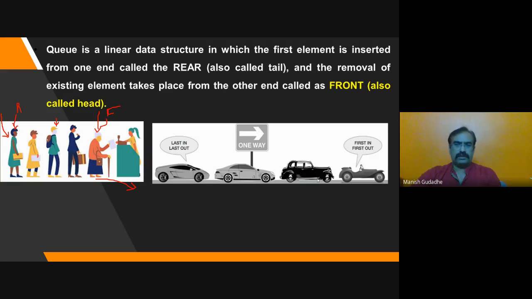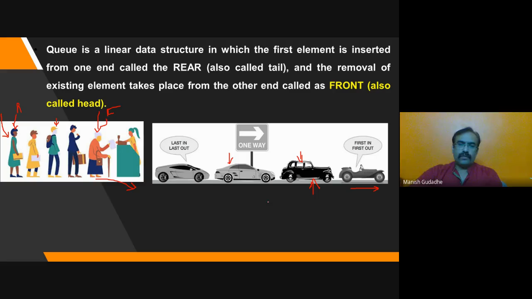Or here is the other analogy, where the cars are arranged this way, where we have the first car. Unless and until this exits, we cannot let the next car exit. Once this exits the queue, the next will become the first element in the queue. When this exits, the next becomes the first element in the queue.